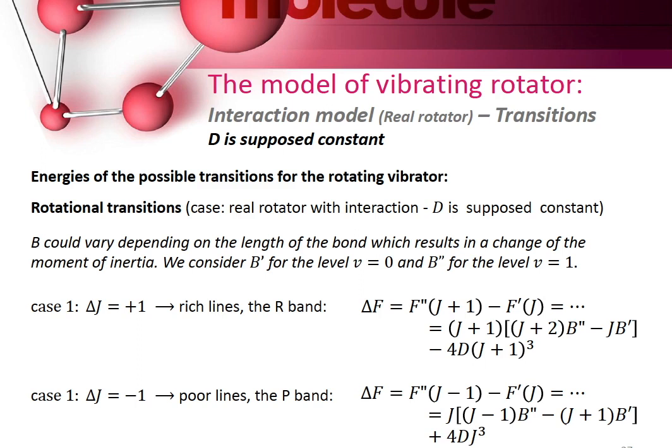If the correction of the distortion is considered constant, but there is an interaction, then we have B prime and B second for the two consecutive levels of vibrational energy, but the D is the same for both cases, and this adds up this term of correction with the distortion correction that you have seen before. This one for delta J equal plus 1, and this one for delta J equal minus 1.